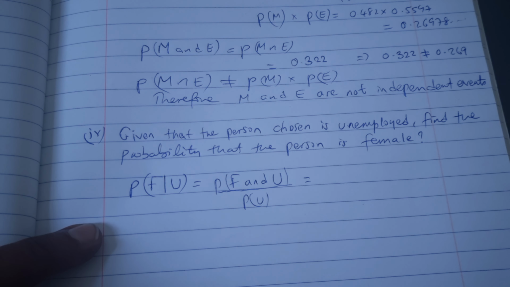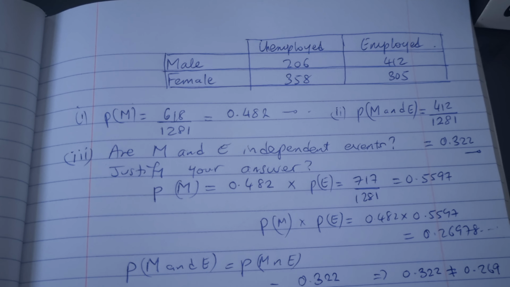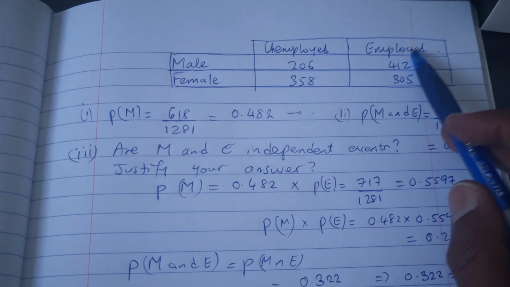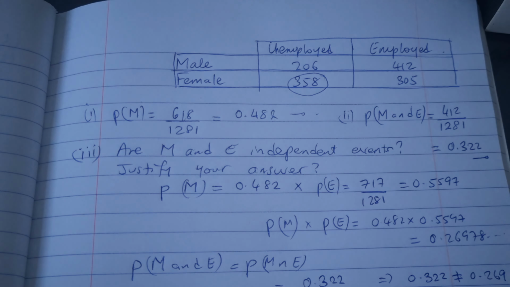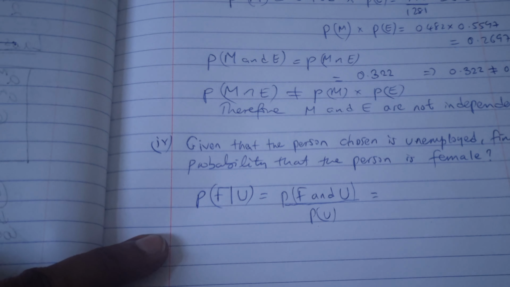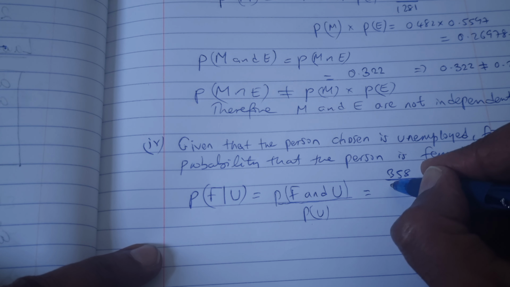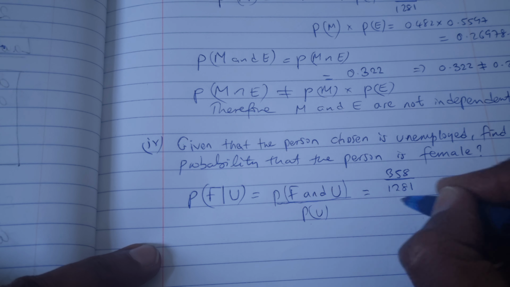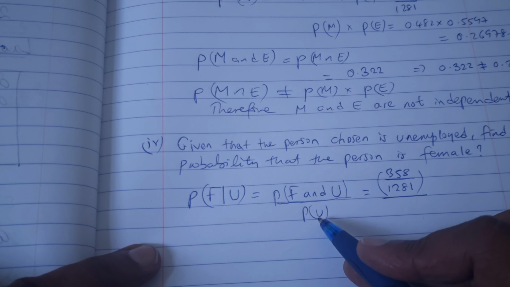Now female and unemployed, when we look at the table, is 358, so that's 358 over a total of 1281, and all of that being divided by the person being unemployed.